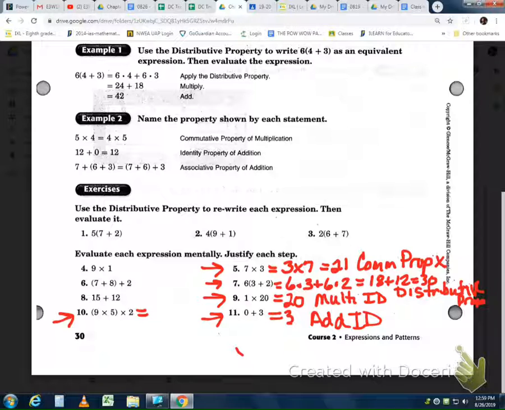You're exactly right. So we're going to go like this, 9 times the quantity 5 times 2. So 5 times 2 is how much, Freddie? 10. So what would 9 times 10 be then? 90. And that property we used is associative property. So we're going to say associative property of multiplication.